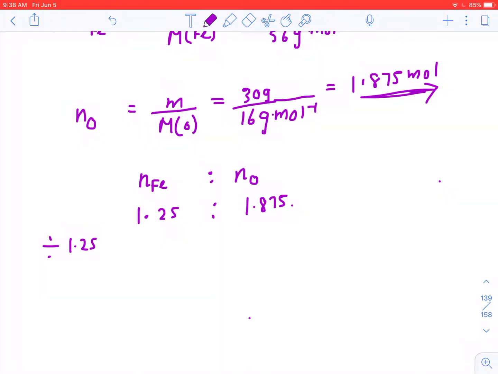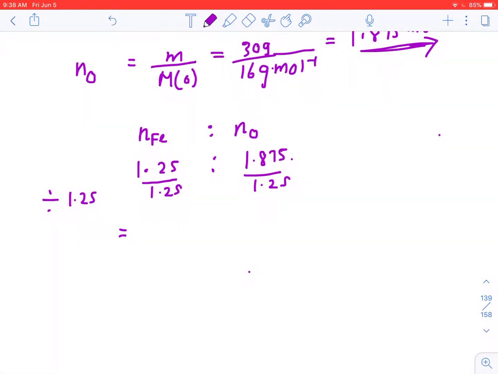If we divide both by 1.25, we end up with 1 is to 1.5.